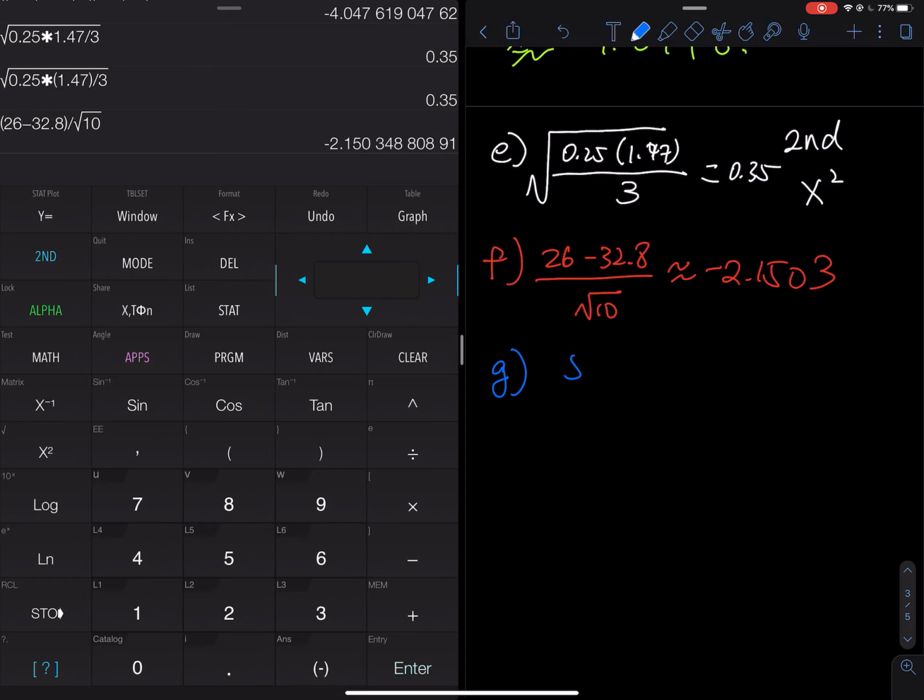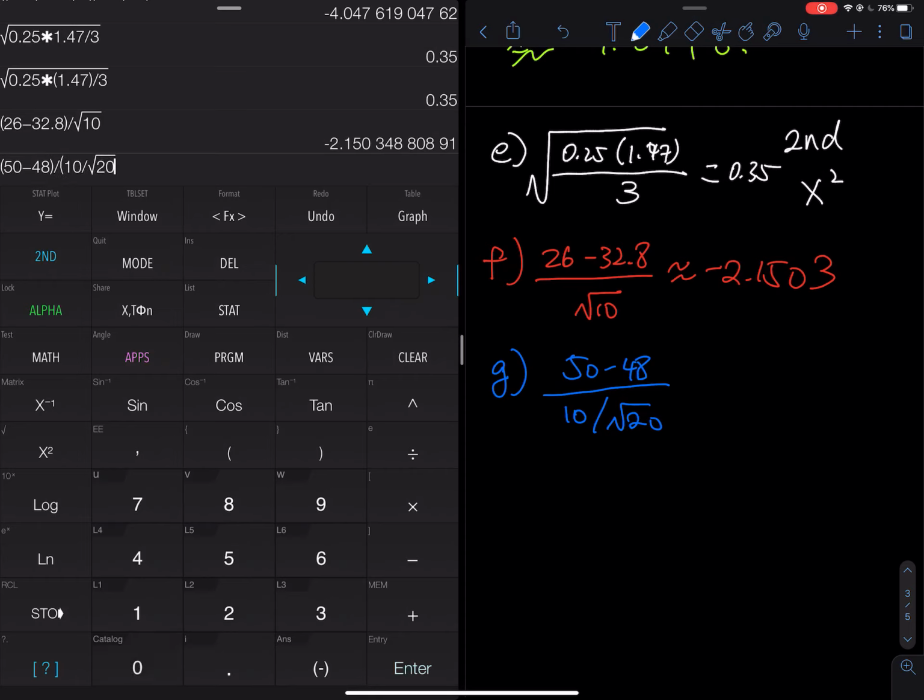is 50 minus 48 divided by 10 divided by the square root of 20. So open parenthesis, 50 minus 48, close parenthesis, divided by open parenthesis, 10 divided by the square root of 20.